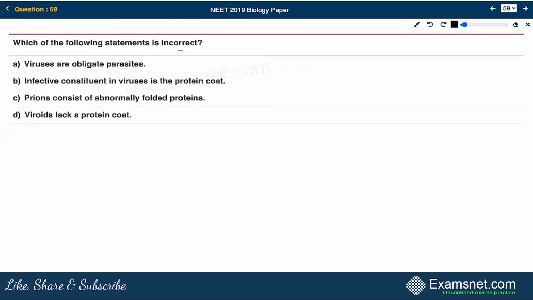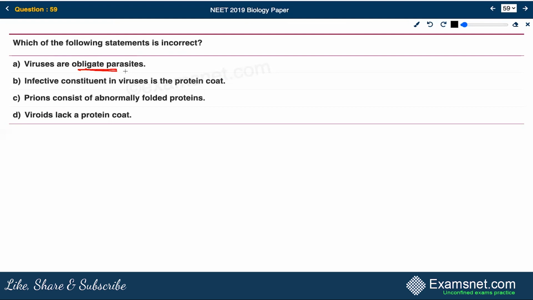Now the first statement says that viruses are obligate parasites. See, viruses are considered to be parasites, and their hosts are very specific.